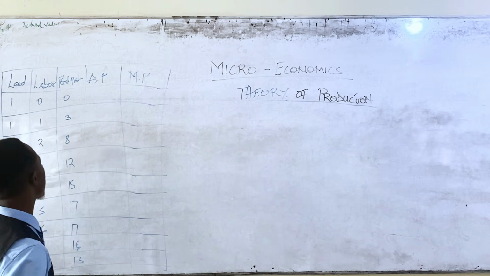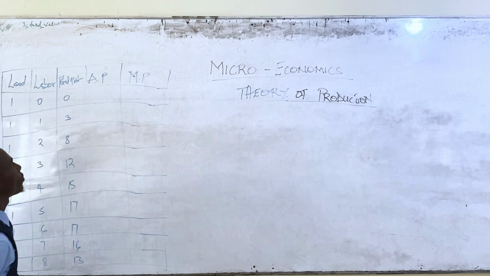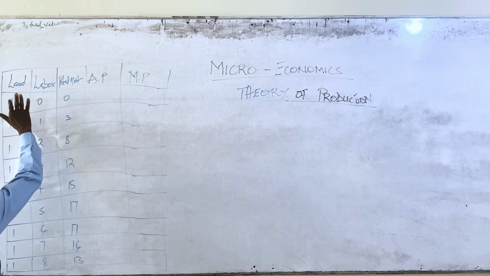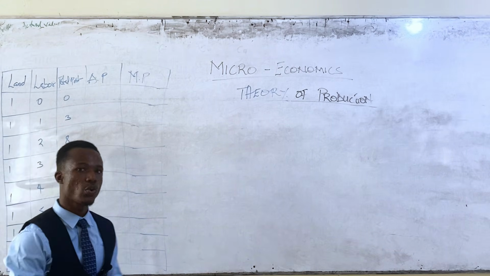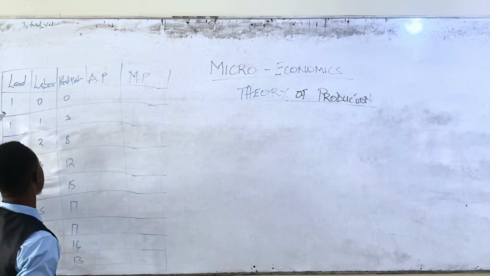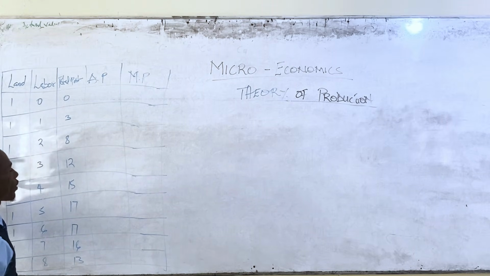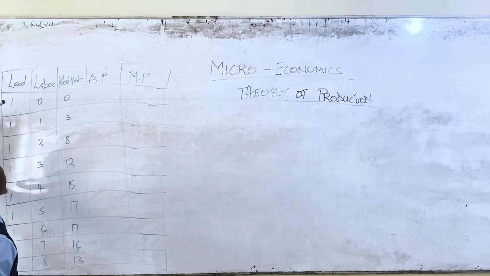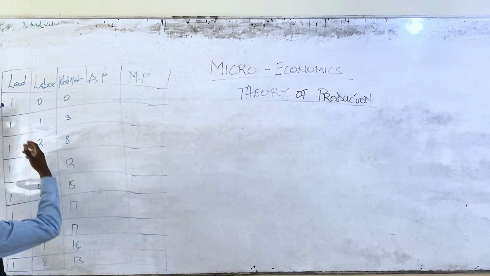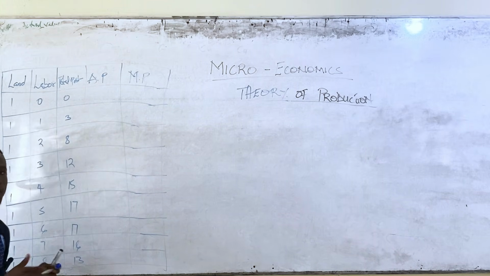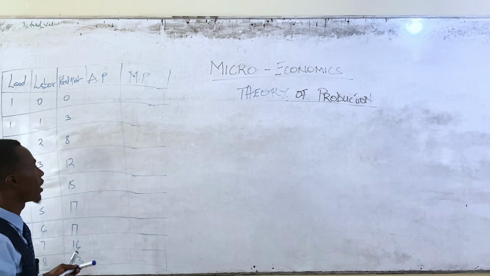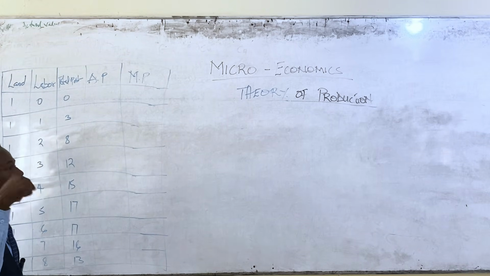Okay. So at the very first stage of production, now we have applied our land. So we don't have any labor because it is a fixed factor. We still have to incur it, so it's more of a fixed cost. Do you get it? That is why we have land as a fixed cost. Even if you don't have labor, you still have to get the land first before labor.